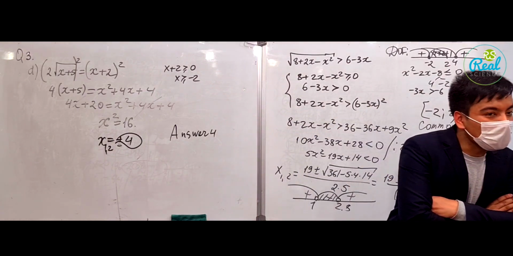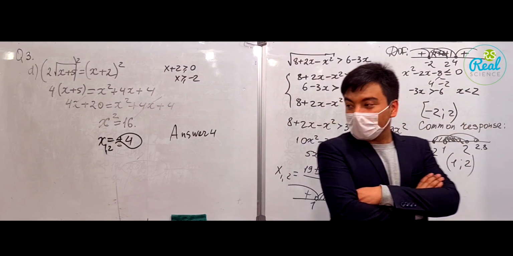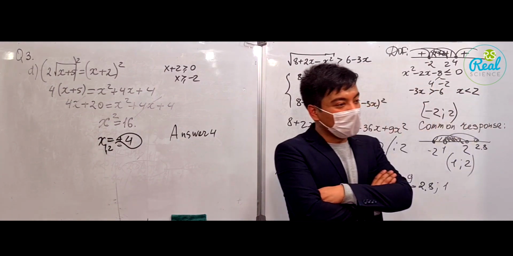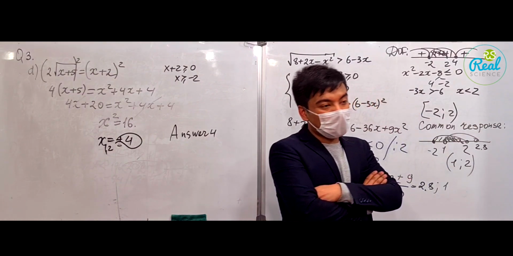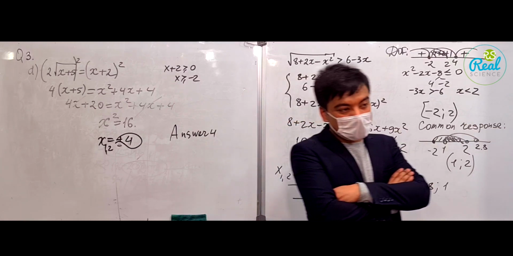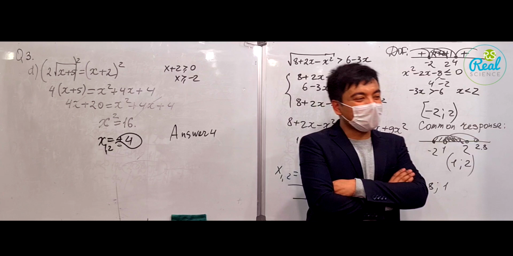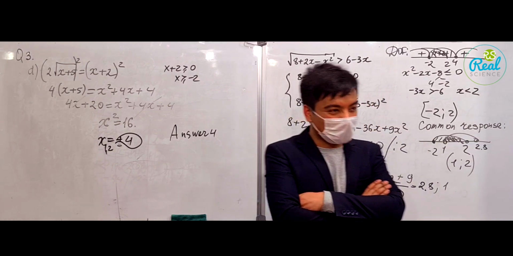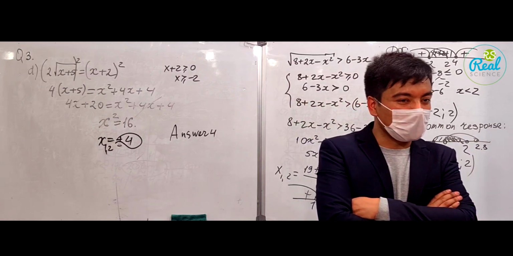Go ahead, student. I'm waiting for you. You said x squared must be equal to minus 16. I have a mistake, I'm sorry. Yeah, thank you for admitting it. I'm so happy for you that you acknowledged it, okay?